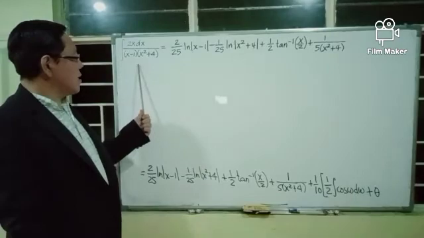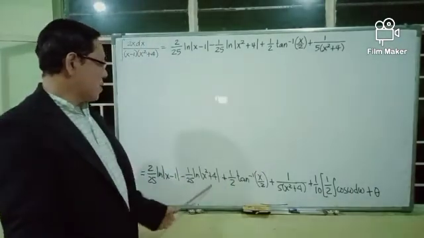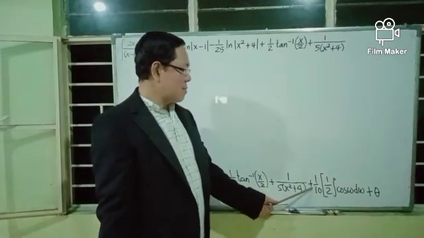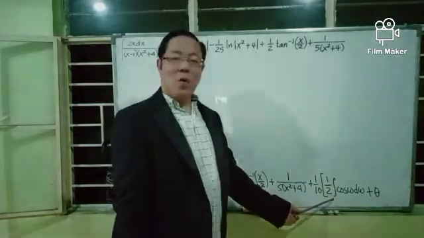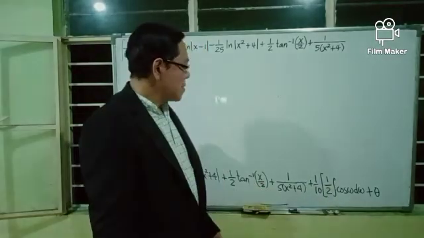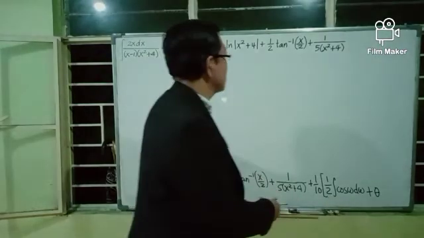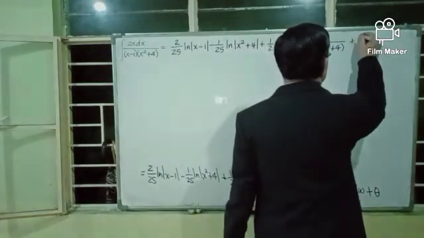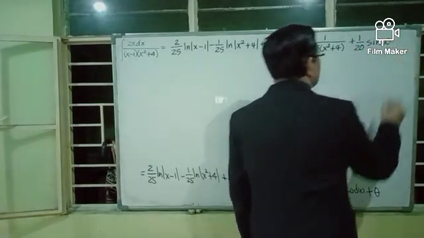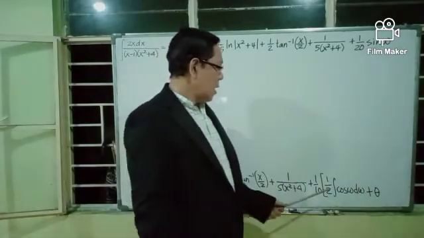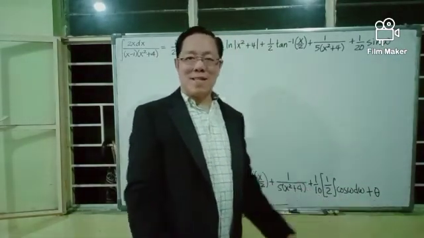The given integral is now equal to these first four terms, which are the same, plus, now we distribute 1 over 10. 1 over 10 times 1/2 is 1 over 20, times the integral of cosine w, which is sine w. 1 over 10 times theta is 1 over 10 theta.